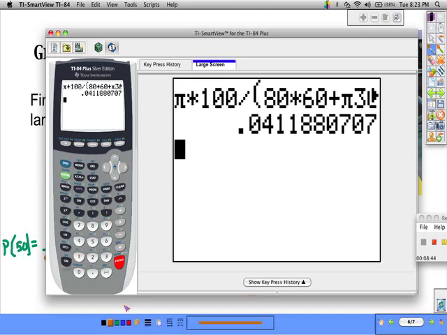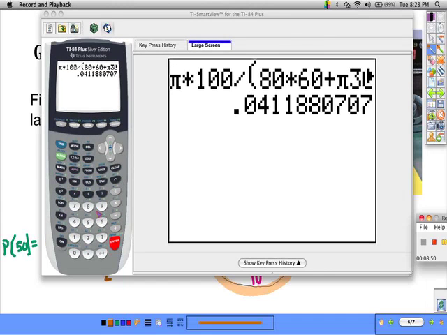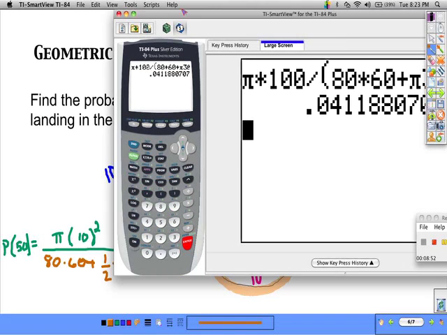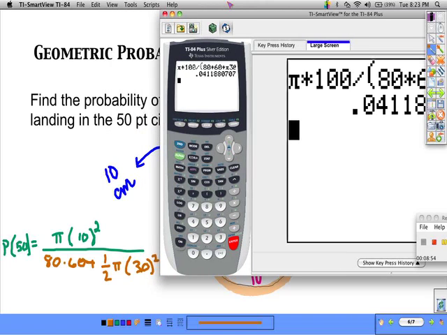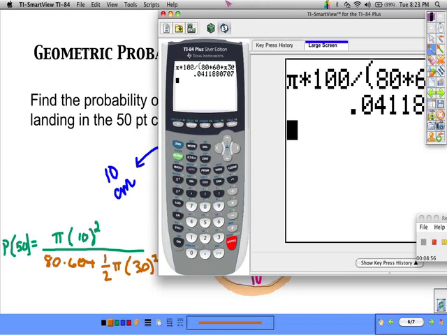Push enter. And this is where it's helpful to actually have what you're typing in readily available to you, because I forgot the 1/2.